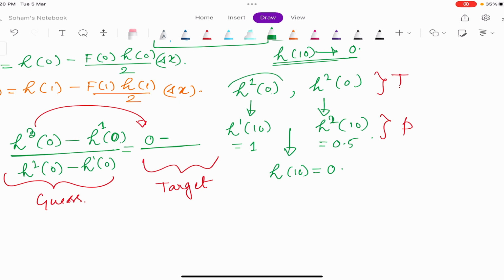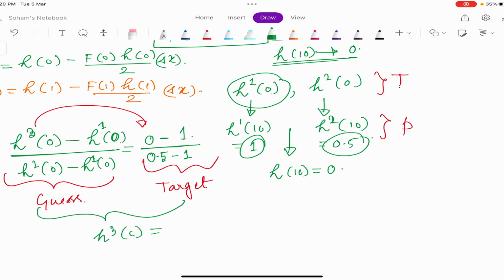So for h10 we had our target value as 1. Now for h20 we had our target value as 0.5. Again for h10 we had 1. So from this equation now onwards you will find your next guess values.